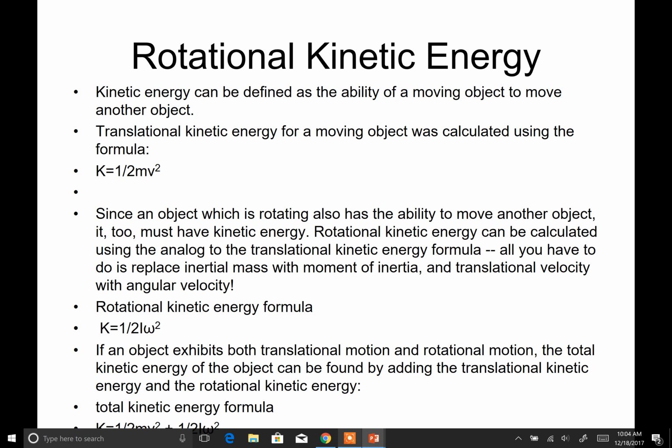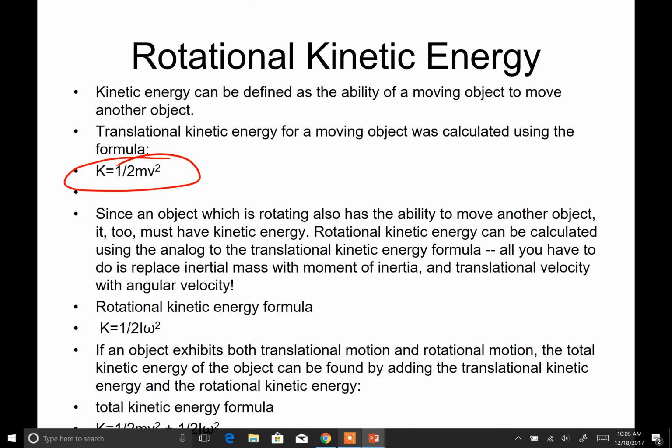One final thing we're going to talk about with rotation is rotational kinetic energy. We've talked about the linear version of kinetic energy before, the translational version, and that was equal to 1/2 mass times velocity squared. But rotating objects also have the ability to move other objects.